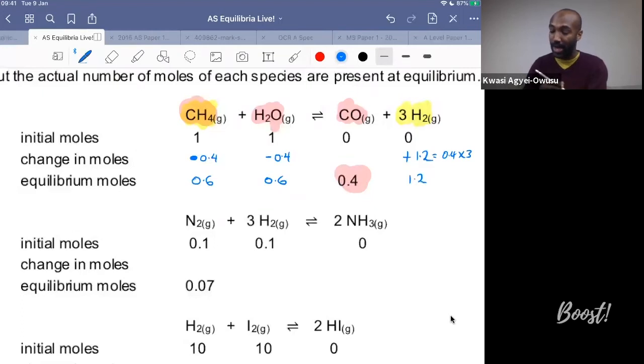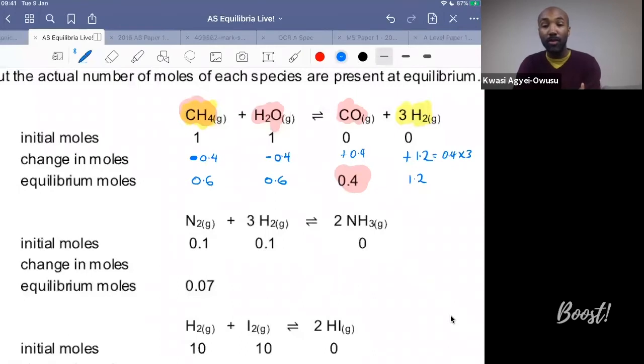And if we consider the change in moles of carbon monoxide, we sort of skipped over it because we'd already been given the number of moles at equilibrium. That would also be plus 0.4. So that's the first example, working out the equilibrium number of moles.